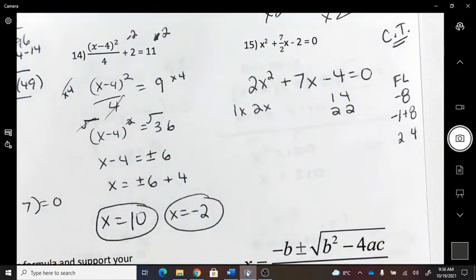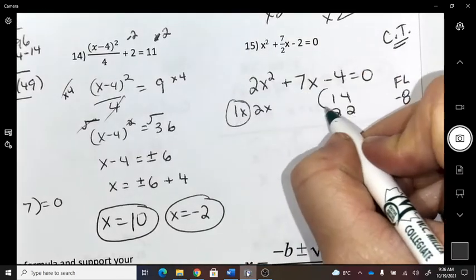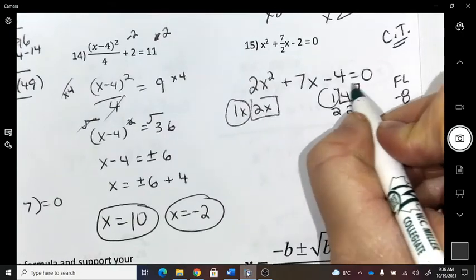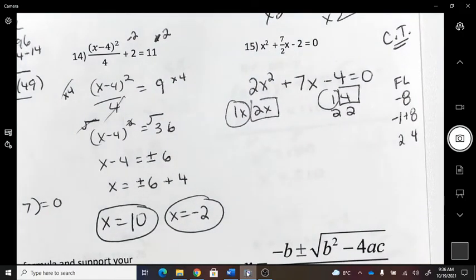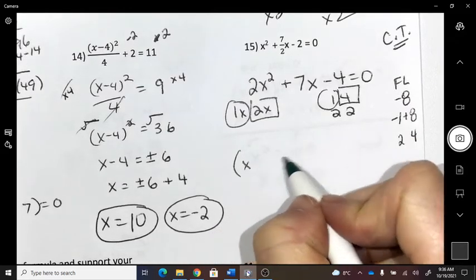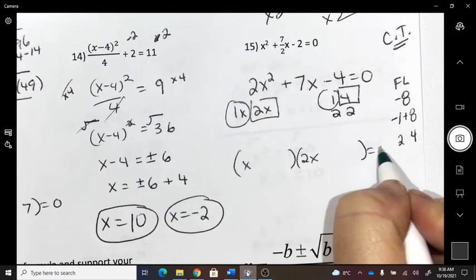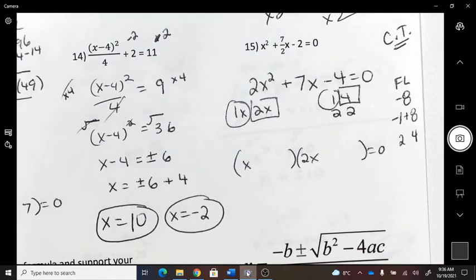Okay, so now I'm going to list my F options, my L options. Check out your F stuff, your L stuff, make some partners. You need a 1 and an 8 out of your partners. There's a 1 and there's an 8. Okay, so in my brackets I already put the first and the first.